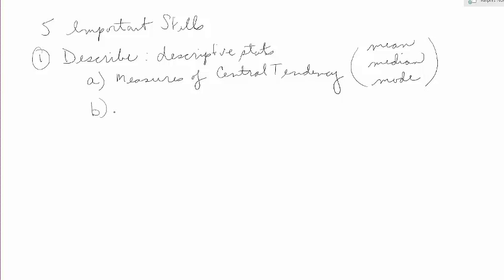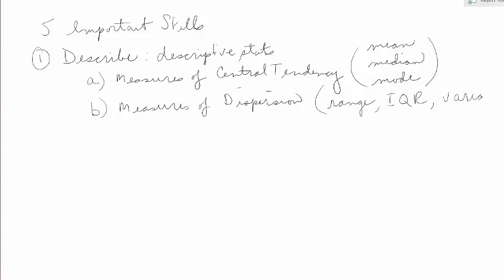And measures of dispersion. And we commonly use the range, sometimes the interquartile range, variance, and the most commonly used for the rest of the statistical world is the standard deviation.